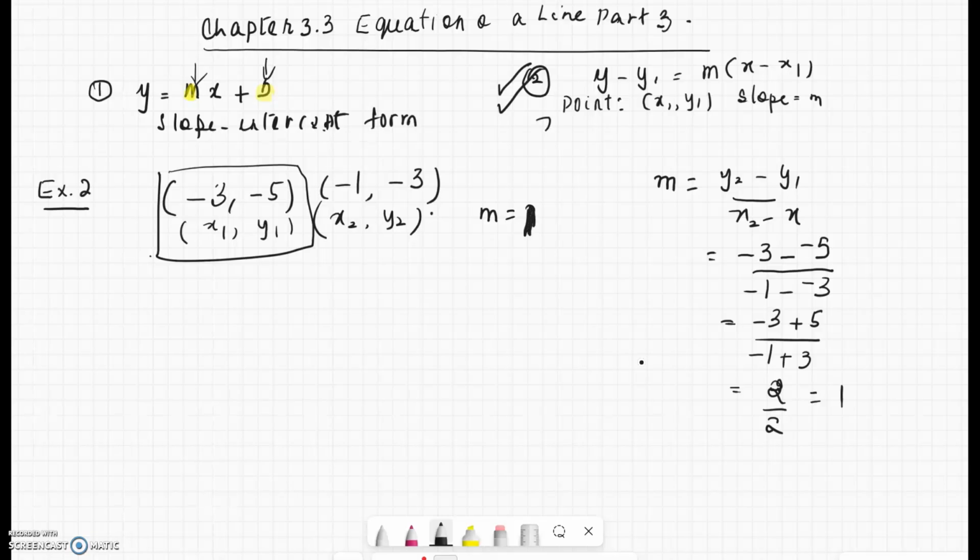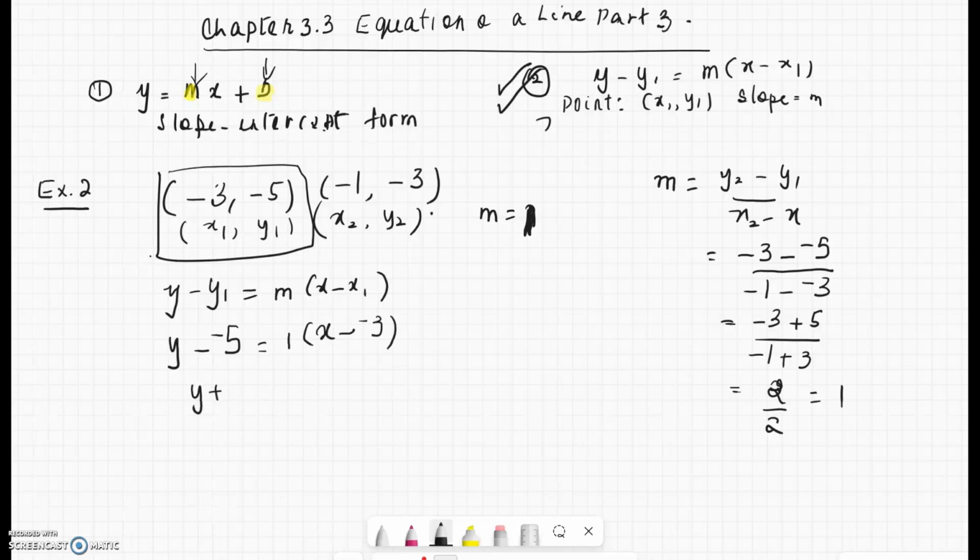You could use any one of the points. We're going to use negative 3, negative 5, and plug the point and the slope into the point slope form. So y minus y1, be careful, y1 is negative 5, so it's minus negative 5 equals m, which is 1, times x minus x1, which is negative 3.